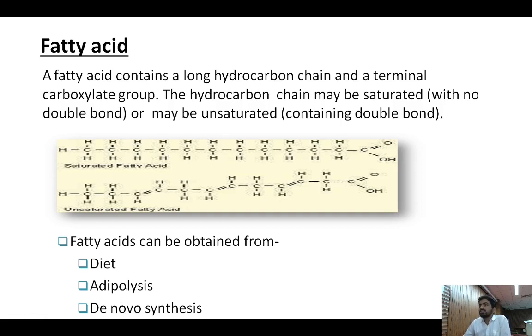Triacylglycerol contains glycerol and three fatty acids. By the breaking down of triacylglycerol, these fatty acids can be formed either in tissues like liver or in the circulation, or it can be de novo synthesis, as we discussed in the last class. De novo means new synthesis can happen.